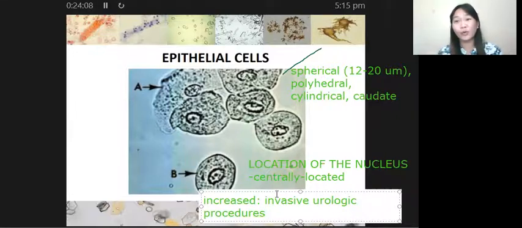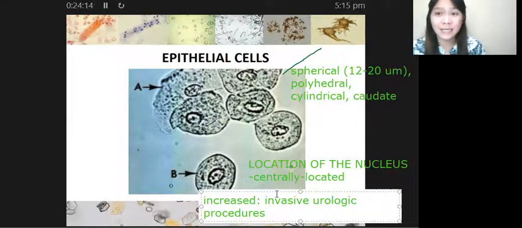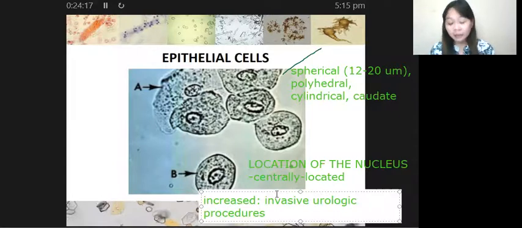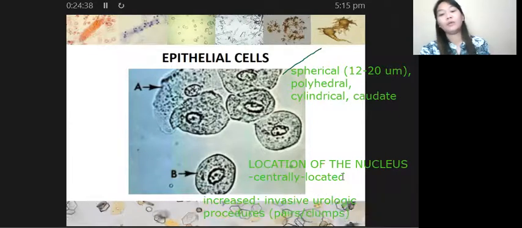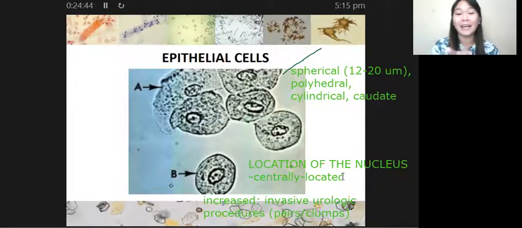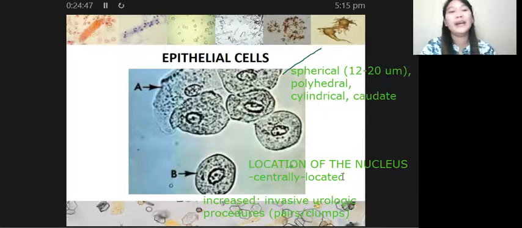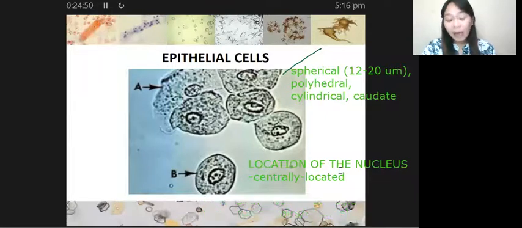If our patient has a catheter, of course, if you perform a urinalysis, their transitional epithelial cells will be increased. In relation to invasive urologic procedures, your transitional epithelial cells would usually appear in pairs or even in clumps. Sorry, you can go back to the video. Alright, so now let us move on.